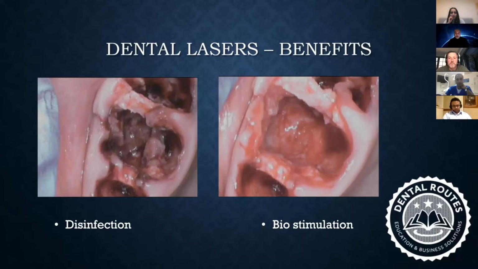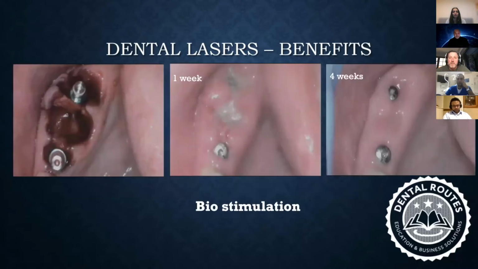There's fresh bleeding, the bone looks absolutely wonderful, and I am very confident at this stage that I can place biomaterial, I can place an implant, or I can leave it just to heal as it is. And in each case, I am confident that the chance of any infection in the socket is almost nil. And to substantiate that, I have this next.